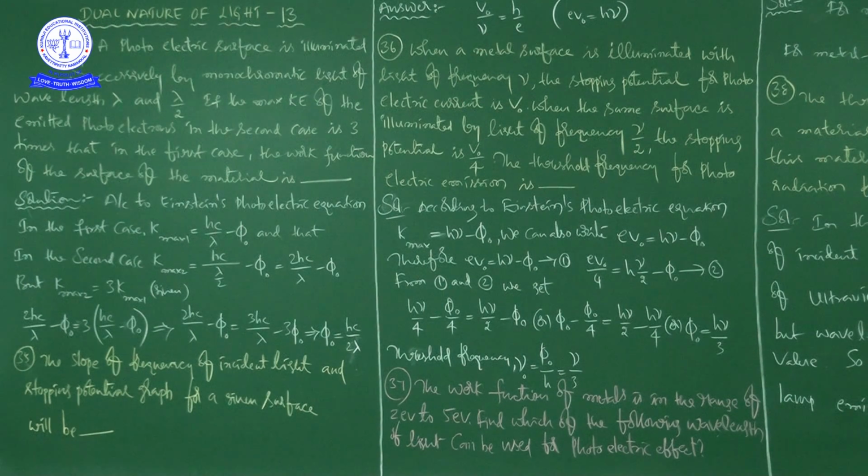So here you can select, they have given 4 options, so we have to select the second option, that is h by e, okay, right.